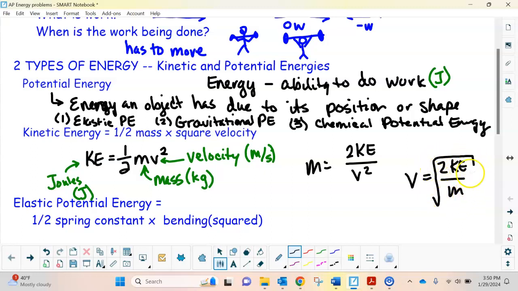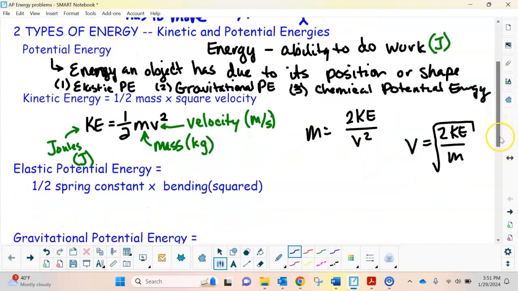You're going to be square rooting the whole fraction. So calculate this, divide by that, press enter, and then take your square root, enter again. So those are 2 ways of manipulating this.